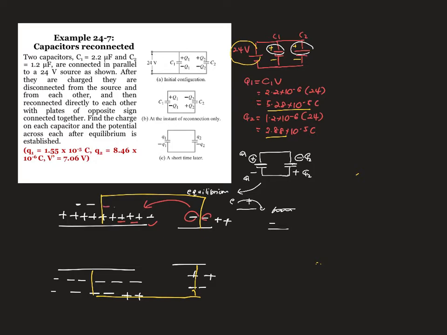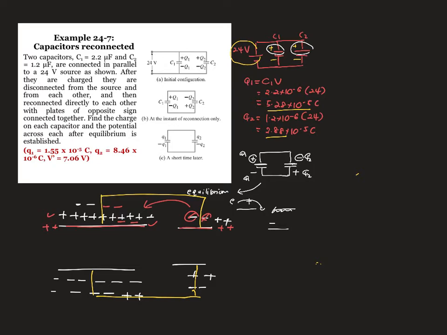Once you have negative here, because the majority is still positive, this plate is positive, and this one has already transferred, so it becomes positive too. That's why you have a positive plate and a positive plate on this side, which means equilibrium has been reached.